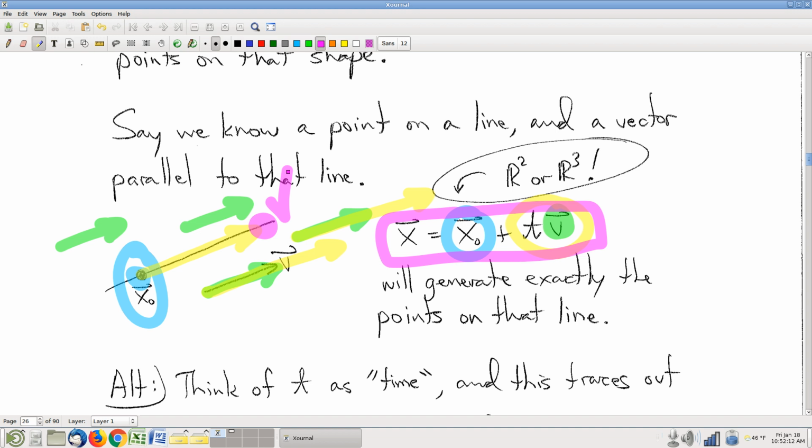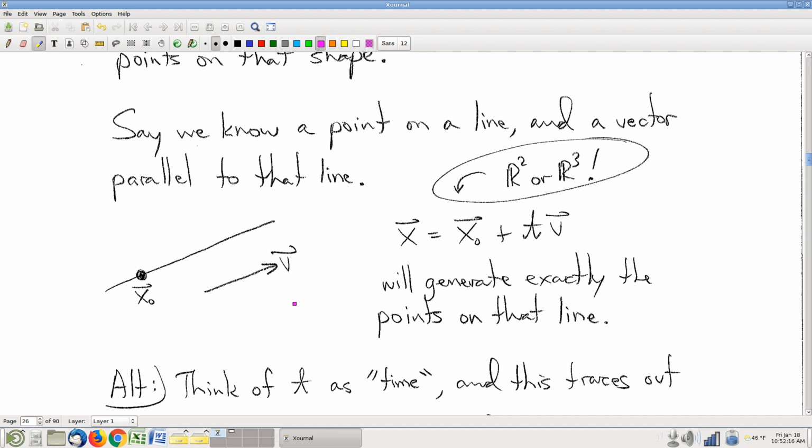Specifically a point generator in that, with these two things known, x naught known, v known, you can just start plugging in any old values of t, whatever value of t you want, no constraints. Plug in that as a raw material. Out comes a point on that line. Notice equations don't do this. With an equation, you can come to me with a point, then I can test it with my equation. But the equation doesn't make points.